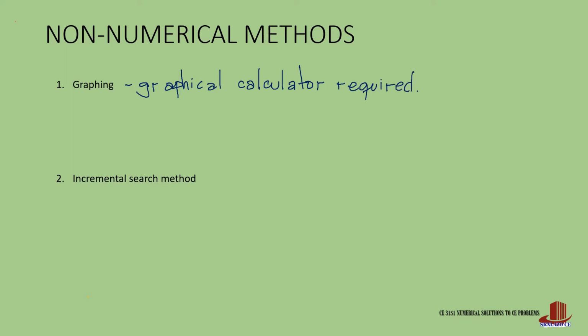The other approach is just plugging in random guesses and using different intervals in locating f of x as 0 in the incremental search method. So again, this would be initial guesses and random intervals.